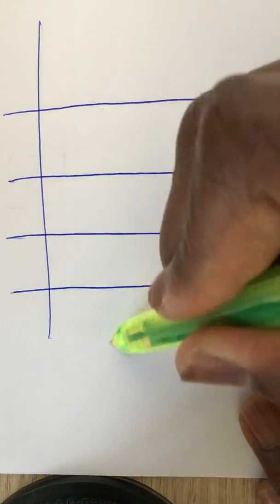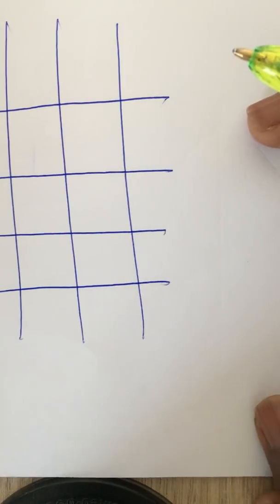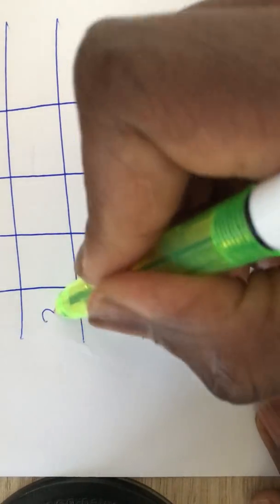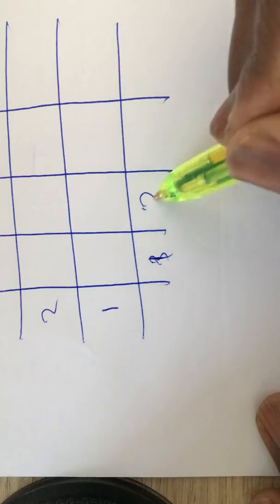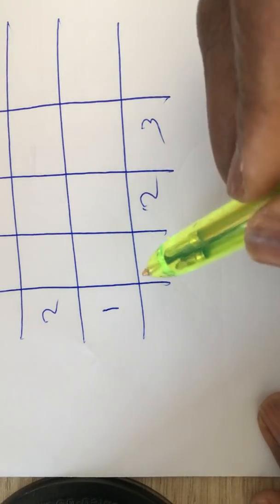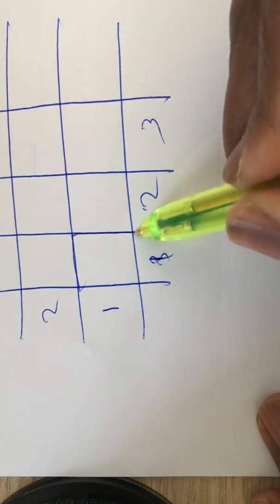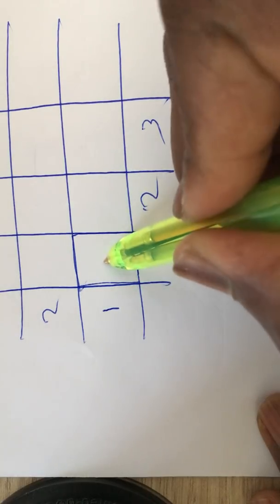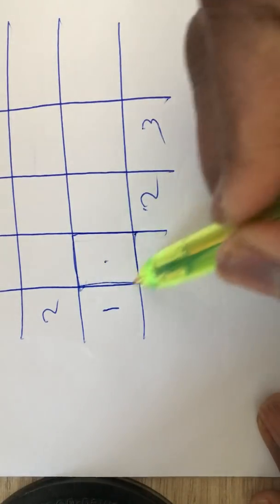This one helps us to locate the place. For example, you can have a grid like 1, 2, 3, 1, 2, 3. So a grid line locates a space or some specific position within a space.